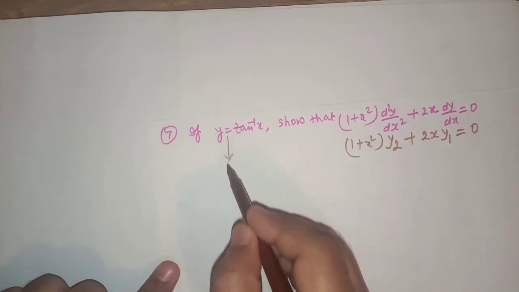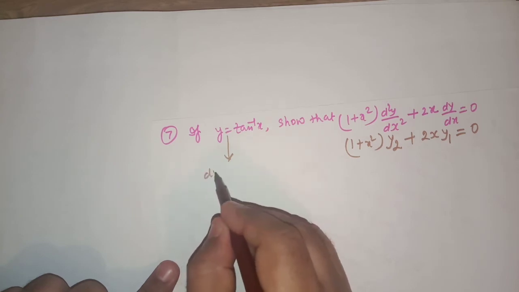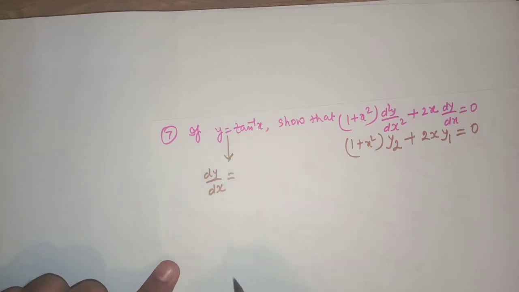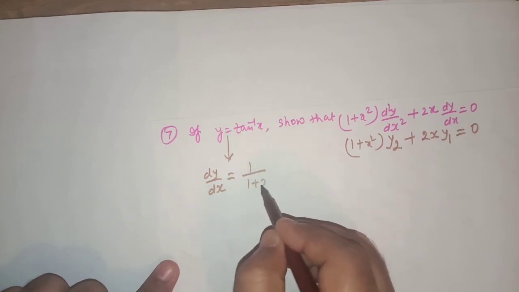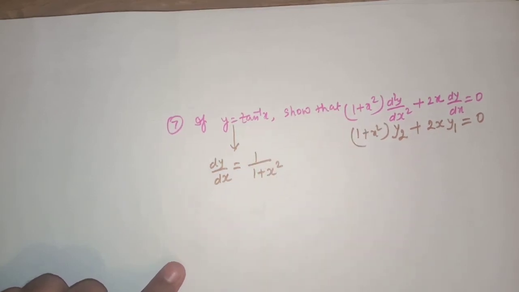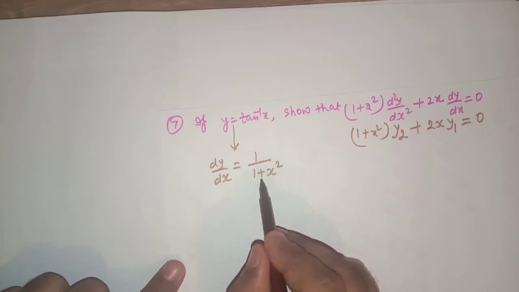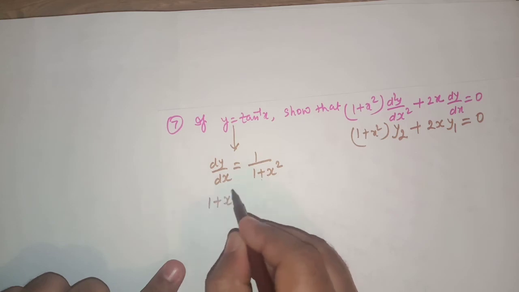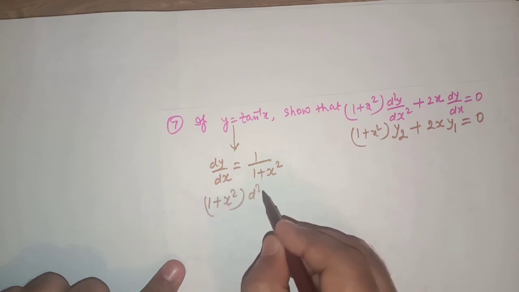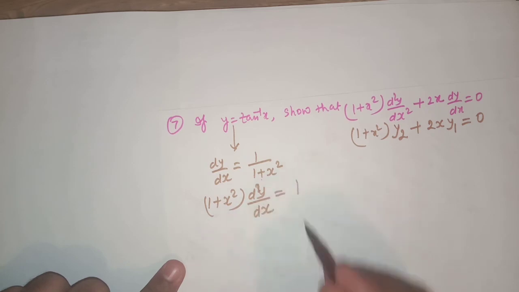So here let us first differentiate this one. So we get dy over dx is equal to the derivative of tan inverse x, which we know is 1 over 1 plus x square. Clear? Now multiply this 1 plus x square to this side. So we get 1 plus x square times dy over dx equal to 1.